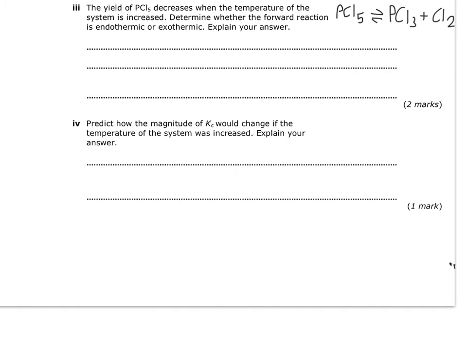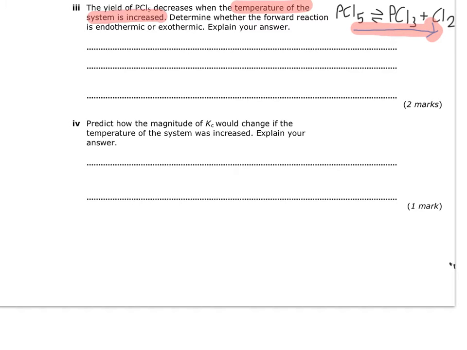So what you've got to think to yourself is what's actually happening if the value of PCl5 goes down. What must be happening is it's being converted into PCl3 and Cl2. So therefore, when the temperature of the system is increased, this direction is favoured.